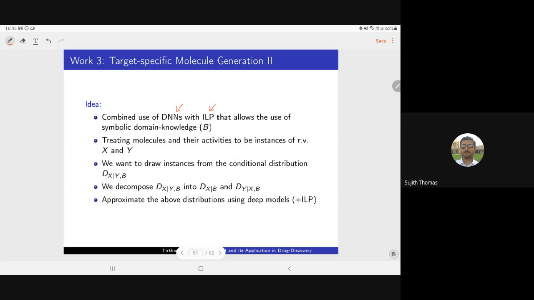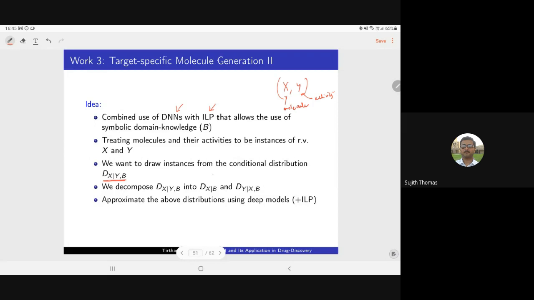Now, let us say we have molecules and their activities. So this is my molecule, x, and y is some activity. So we treat these as instances of random variables x comma y. What we are interested in is that we want to draw instances from the conditional distribution.